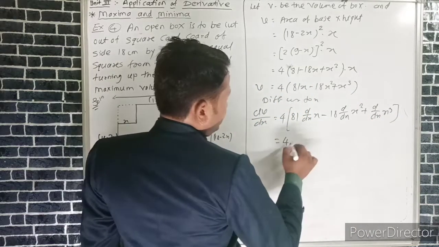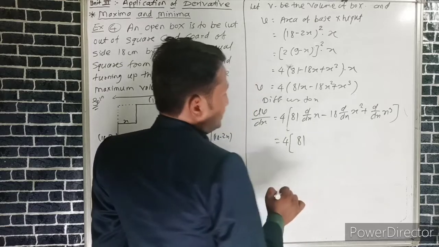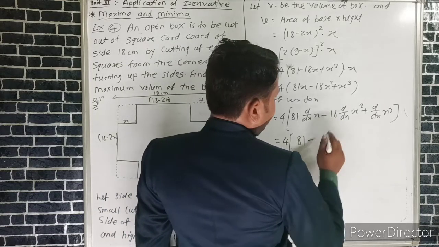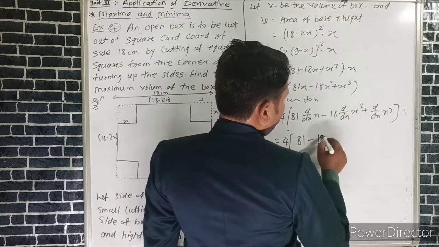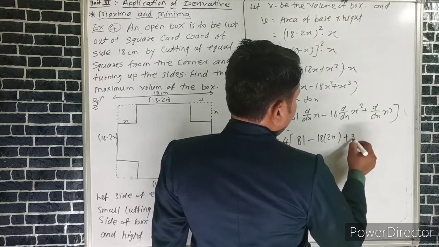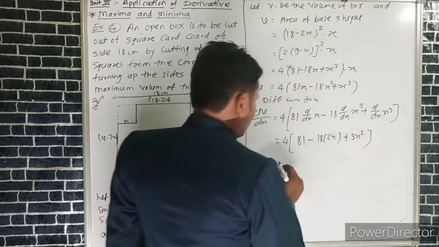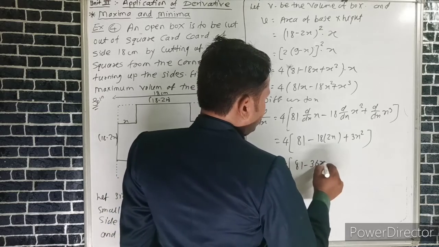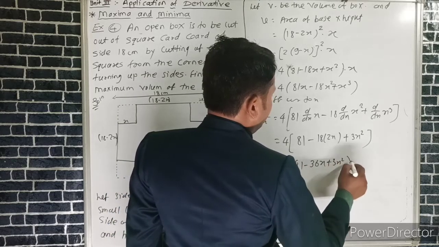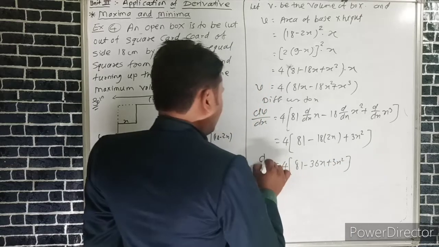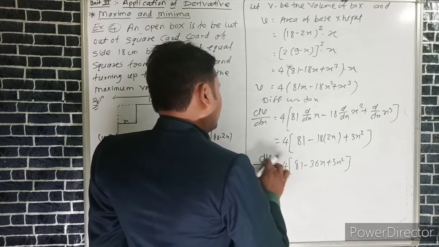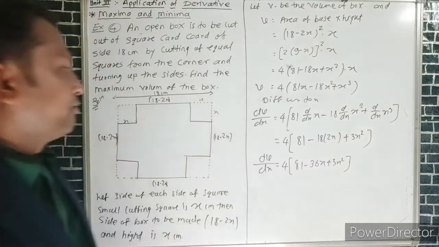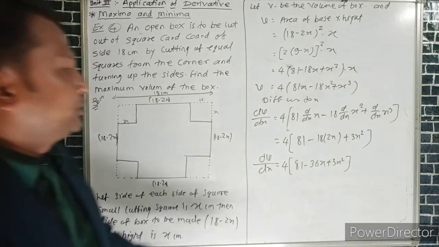So 4 is constant, 81 as it is, minus 18 into the derivative of x square, which is 2x, plus 3x square. So here 4 is constant, 81 minus 36x plus 3x square, which is the derivative of V with respect to x.